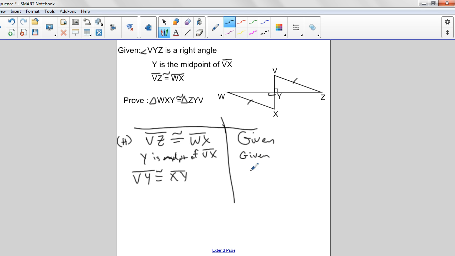If this is the midpoint, then by the definition of midpoint, it creates two equal segments. And this takes care of our legs. The legs are the sides that touch the right angle. So you've got a hypotenuse, you've got a leg. You can say the whole triangle is congruent to the whole triangle. WXY is congruent to CYB. Hypotenuse leg. And that's it.